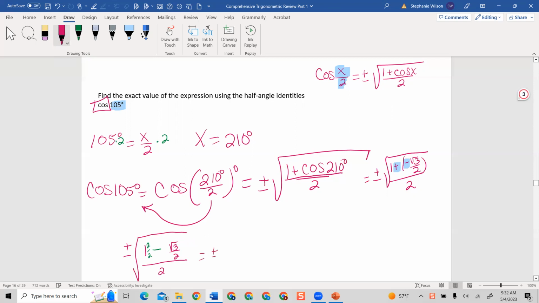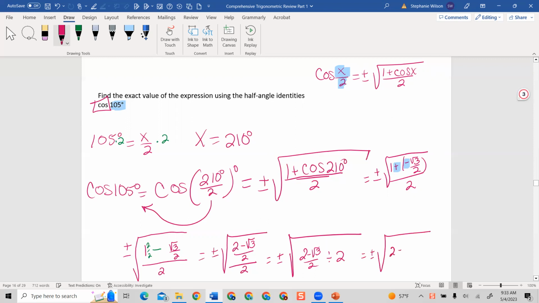Okay, this is equal to plus or minus the square root of 2 minus square root of 3 over 2, all divided by 2. I'm going to rewrite it. I'm going to do some basic math. So I got 2 minus square root of 3 over 2 divided by 2. Of course, we're going to keep, change, flip. Keep the first, change the operation, flip the second. We're almost done with this one.